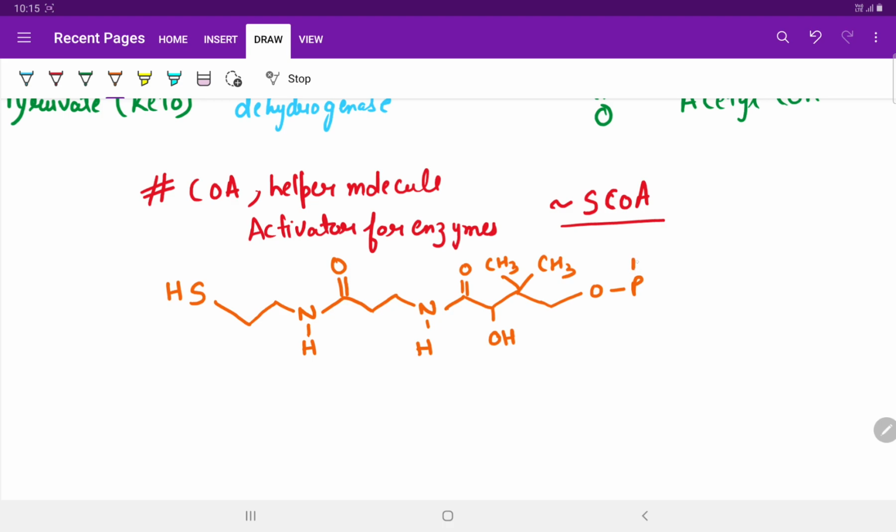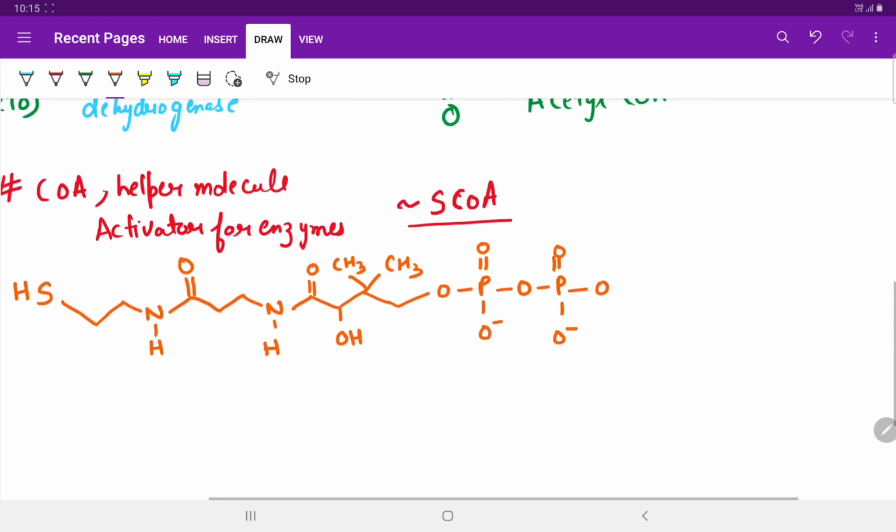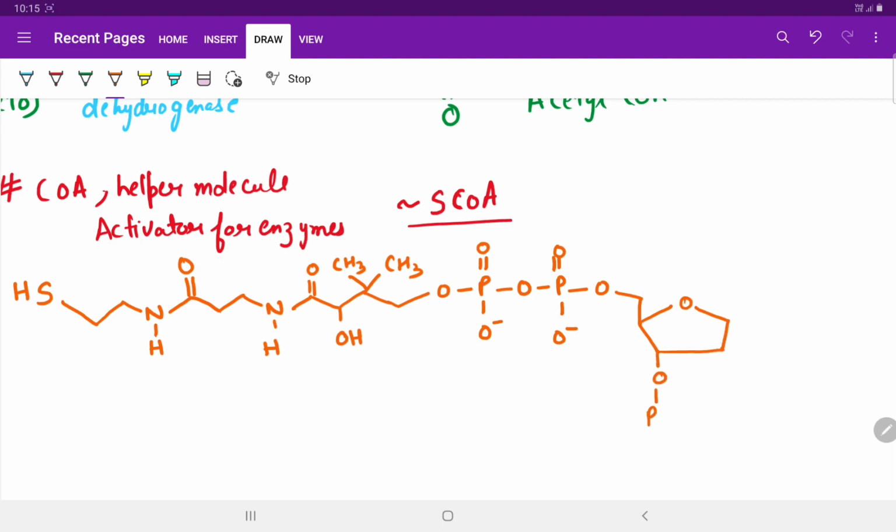So now the phosphate backbone will be here. Now a furan ring here. Again the attachment of a phosphate group here. And here attaches the purine base.